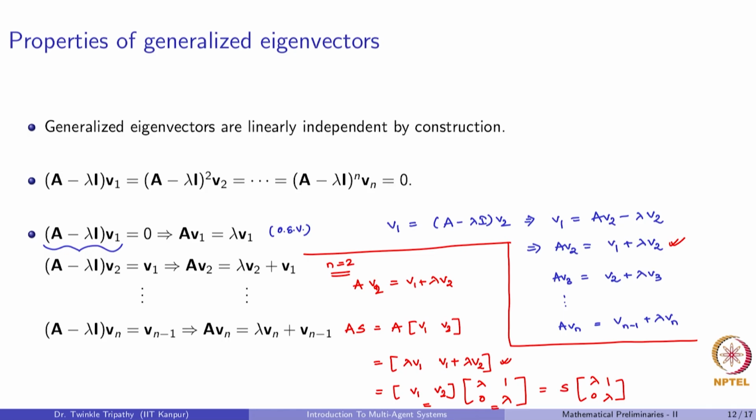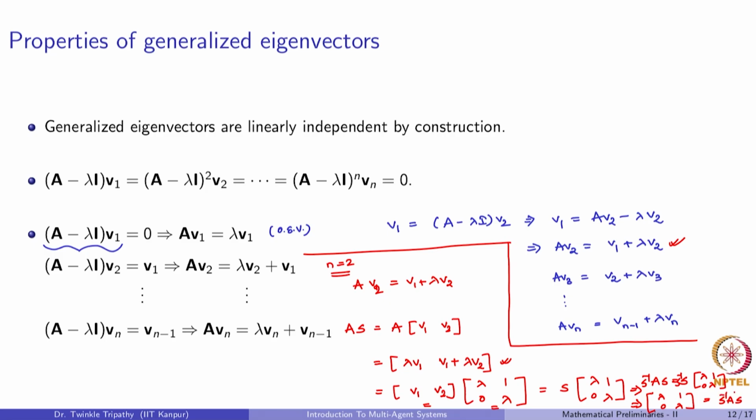So what do we have here? Again we have this relation, and if we left multiply by S inverse, we get that it is simply equal to S inverse AS.